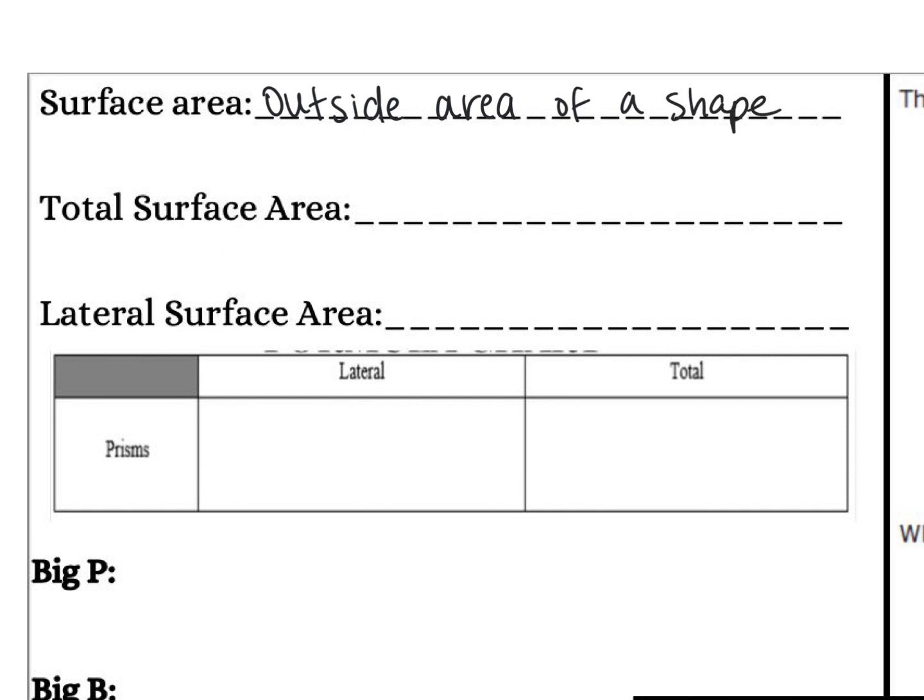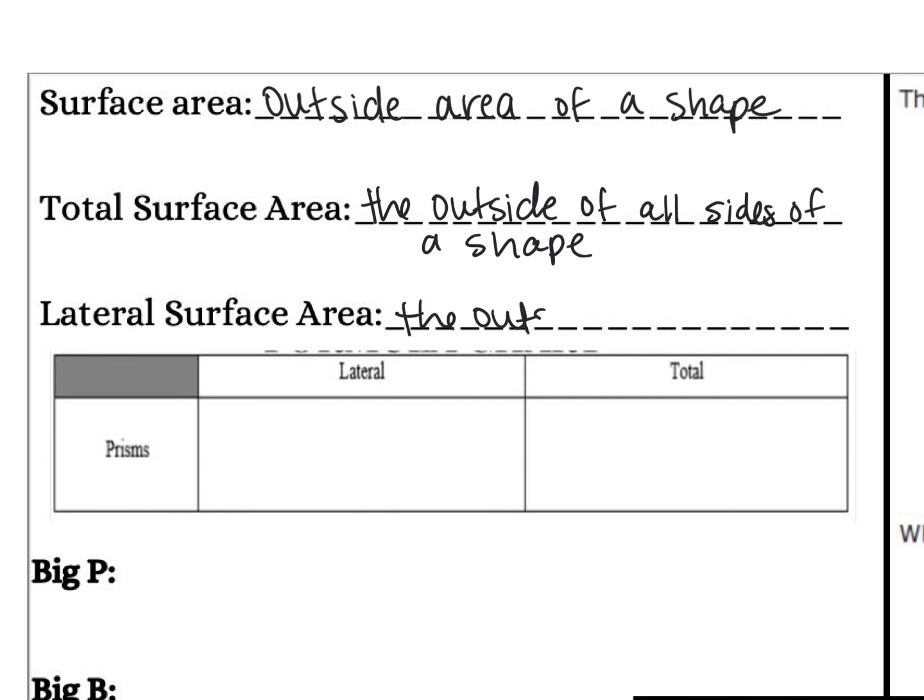Total surface area is the outside of all sides of a shape, whereas lateral is the outside area without the bases, so excluding the top and the bottom.